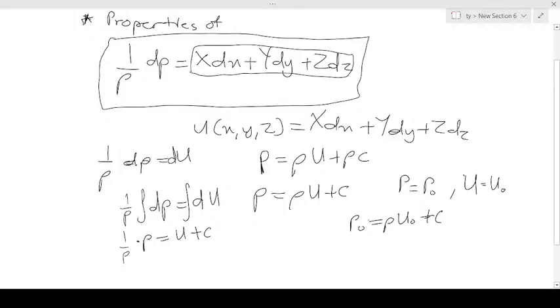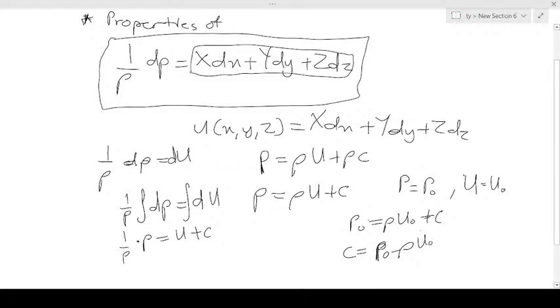So now when we make c the subject, we are going to have c is equal to P naught minus rho u naught. So now that we know the value of c with these known conditions, these are known. So in case you have a question, they will be known.